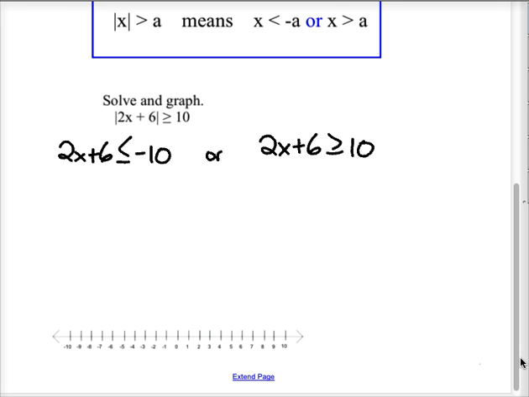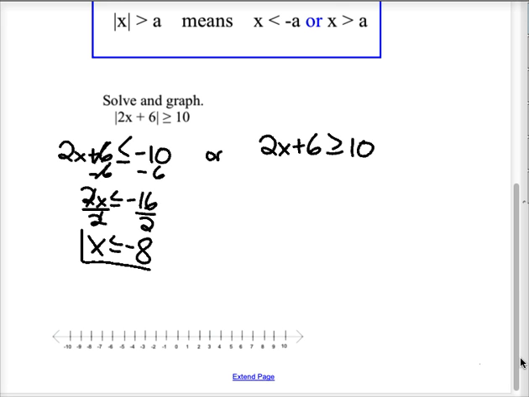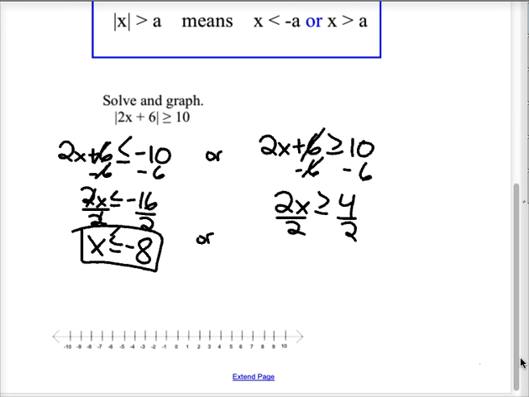And now I just solve like I always would. Subtract 6, divide by 2. So x is less than or equal to negative 8. Or subtract 6, divide by 2.